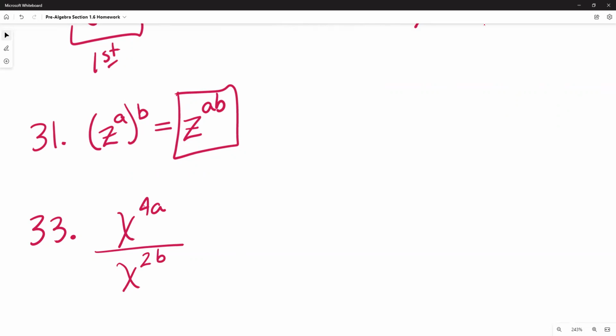So you're telling me we're using subtraction? Okay. We have the same base. So this is x to the 4a minus 2b. All right, so can we combine the numbers here? You're like, I'm gonna guess no with the way you asked that.